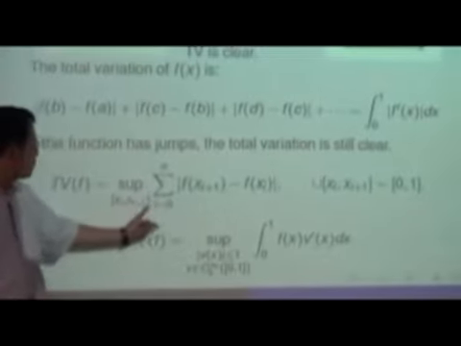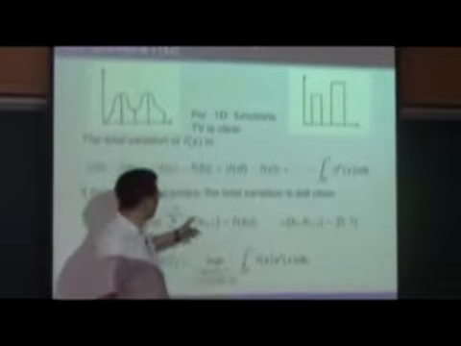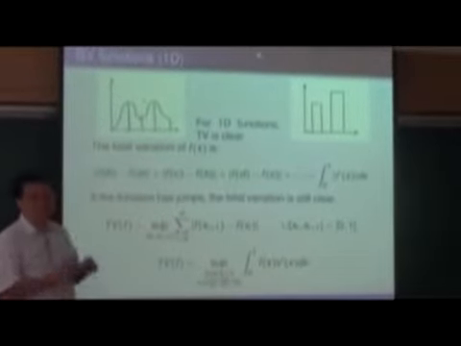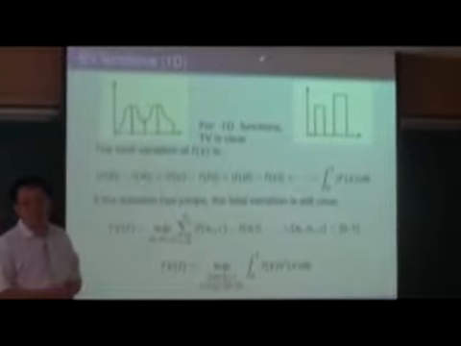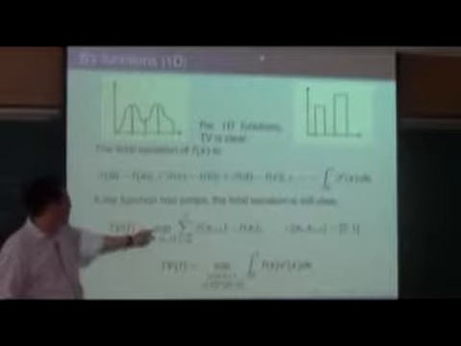But if you take the supremum over all the partitions, in the limit it will converge to the total variation of this function. This is another way to define the total variation for functions which are not continuously differentiable.